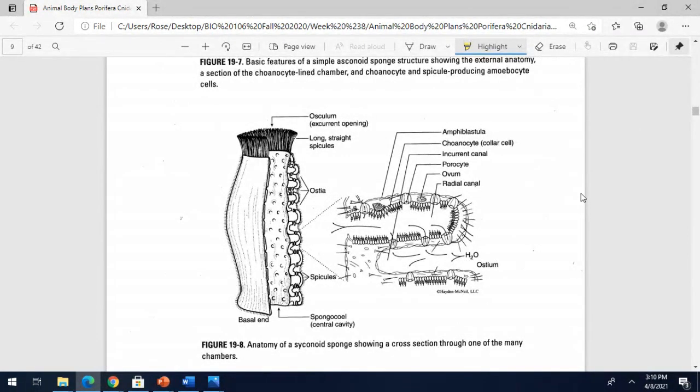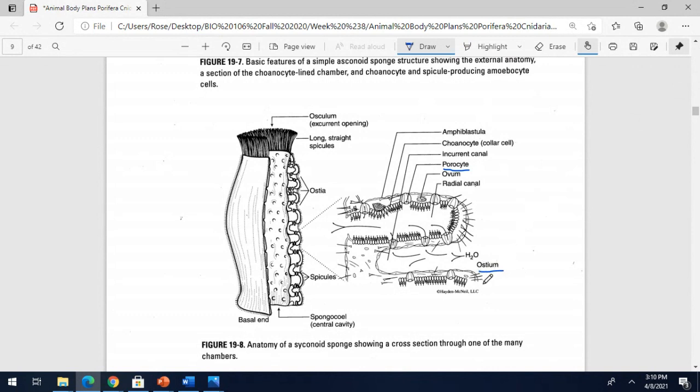Now, the pores that the water comes through are called porocytes, right? So this here is a porocyte. But why do we need to know the word ostium in conjunction with porocyte? It increases the surface area where the water can come in.